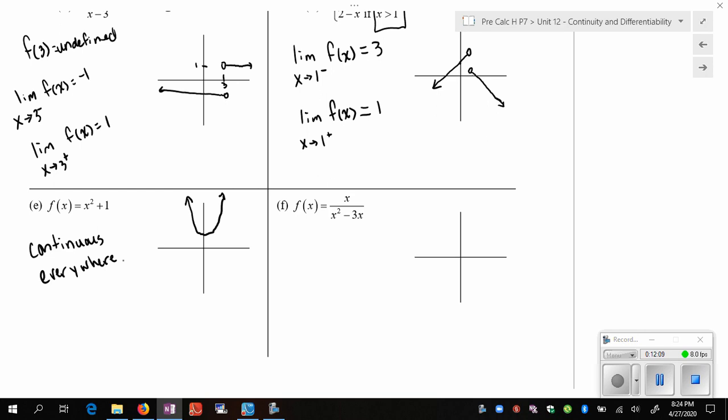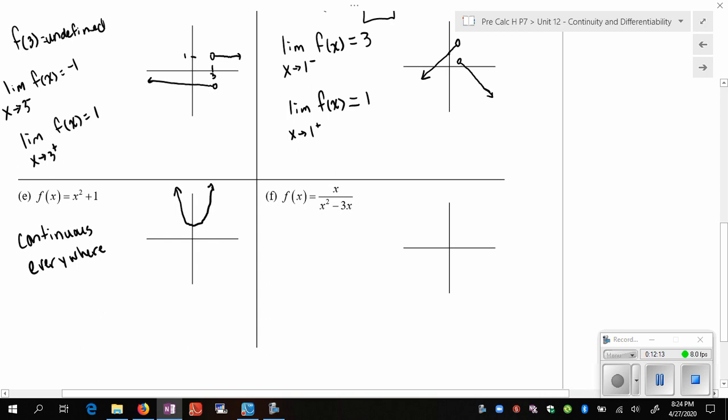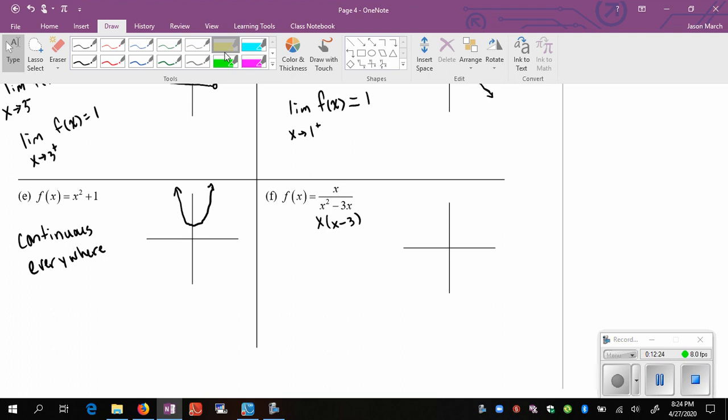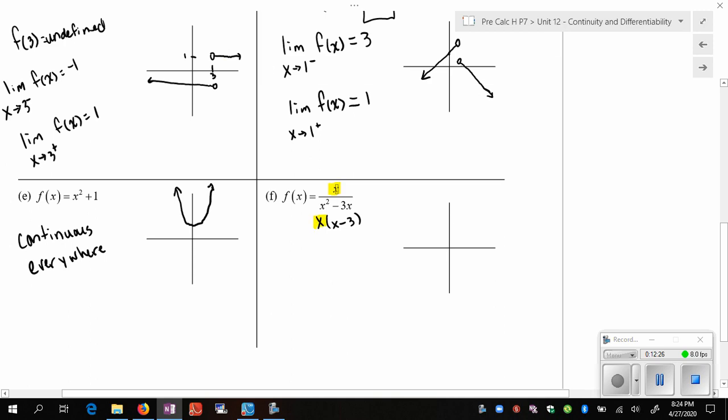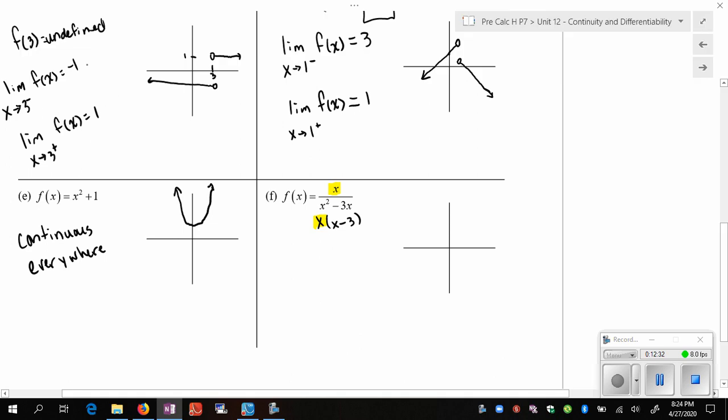All right, so the last one we have to talk about here, probably the most interesting, in the fact that we're going to have two different types of discontinuities. The bottom factors into x times x minus 3. So you can see that we have factors that are going to cancel based off of that. So we have one, it's going to be a removable discontinuity if I do the limit as x goes to 0.